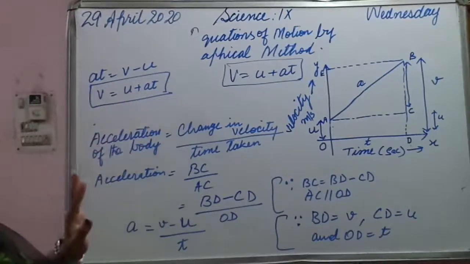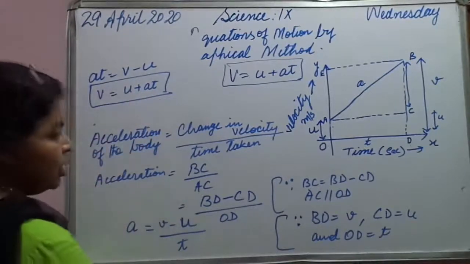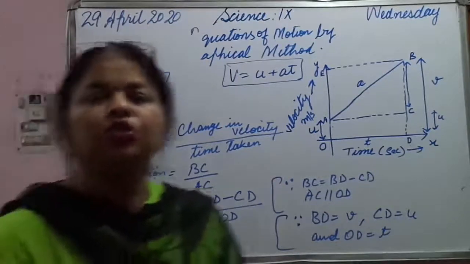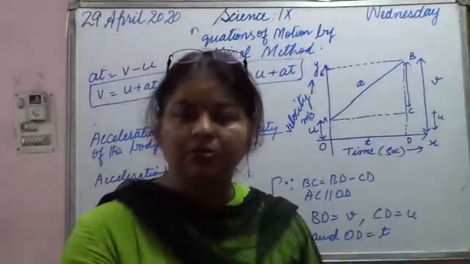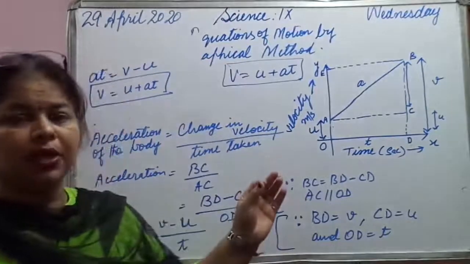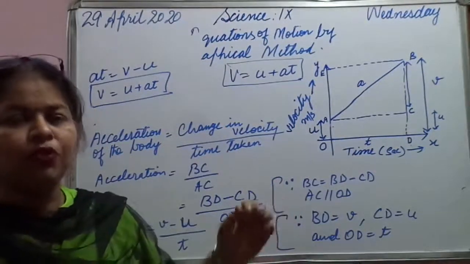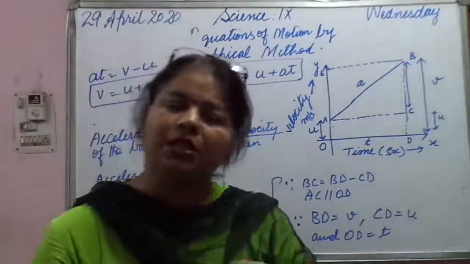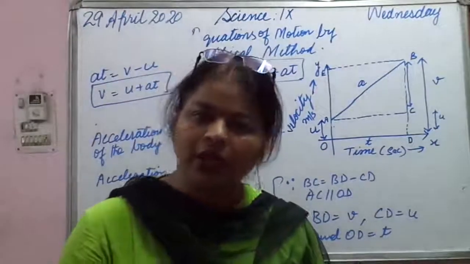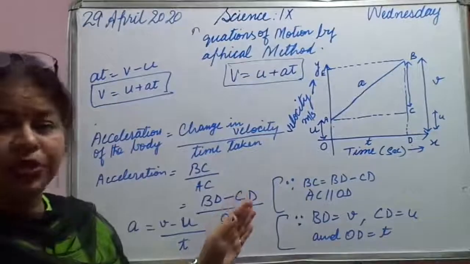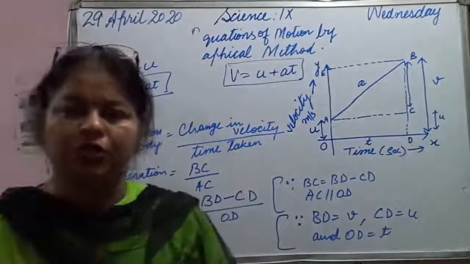Very simple. Today's work is to derive and practice. It may seem a little bit complicated, but it is very easy also. If you practice it two or three times, you will easily get through. So practice the first equation of motion.